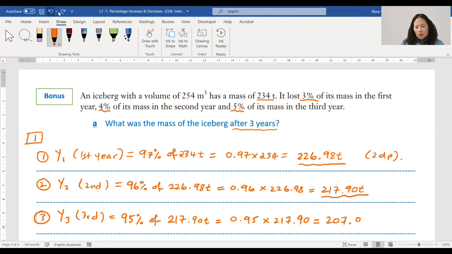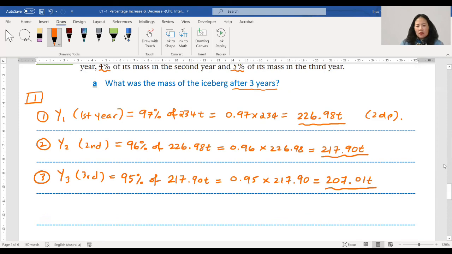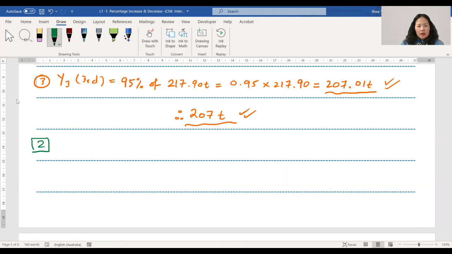I'll just say 0.1. Keep it as 2 decimal places, okay? That means what was the weight of the iceberg after 3 years to the, say, nearest ton? 207 tons.